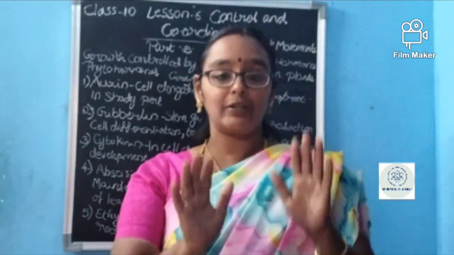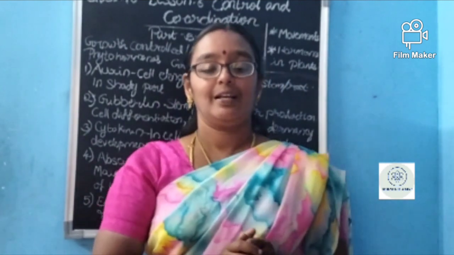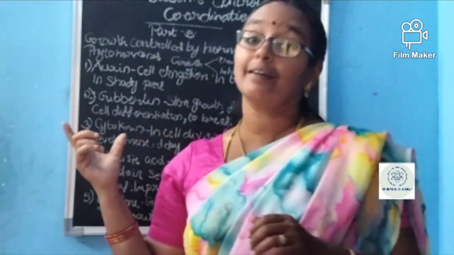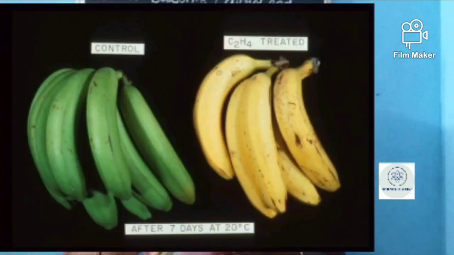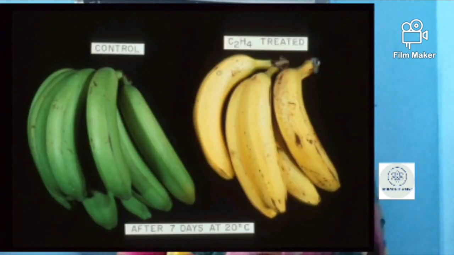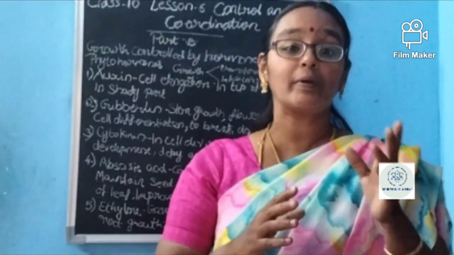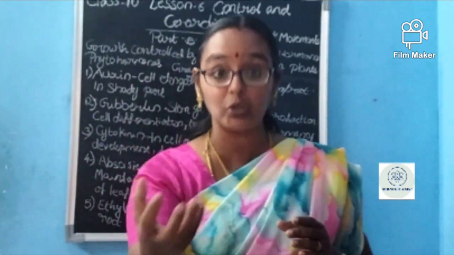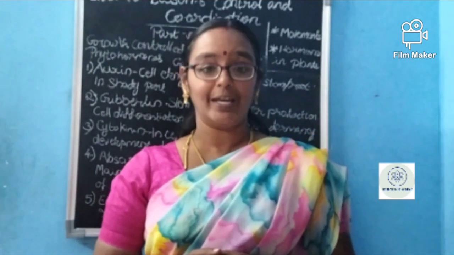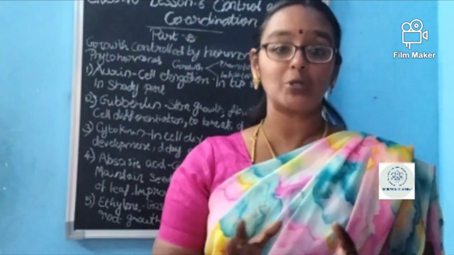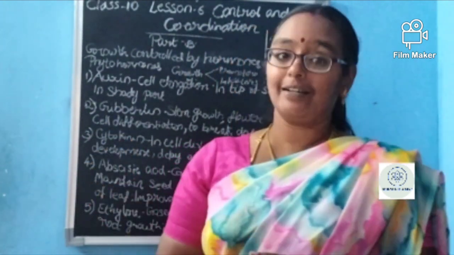Stunts means it will delay or stop the growth of stem and roots, but it helps for the ripening of fruits, and it helps for reproductive activities more, for flowering, for improving the flower organs, and for the fruit to come, or the ripening of the fruit. All these are helped by what? Ethylene. Okay, these are the 5 important hormones which plants need for their growth.